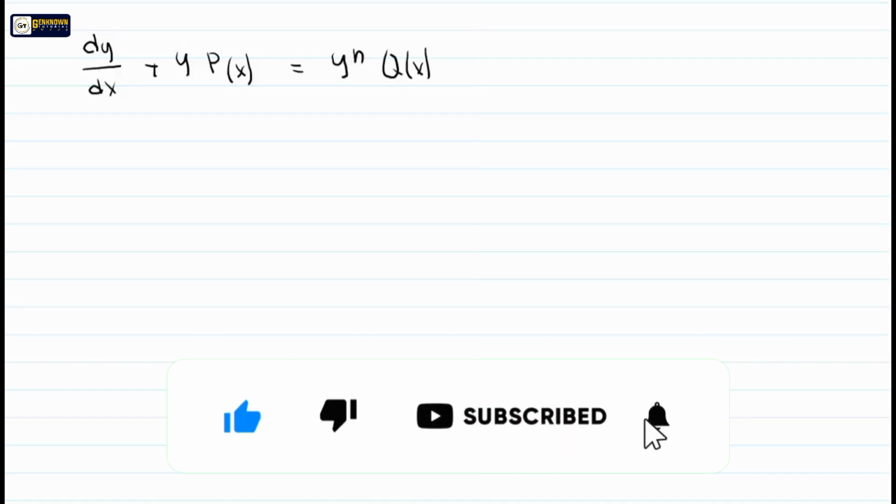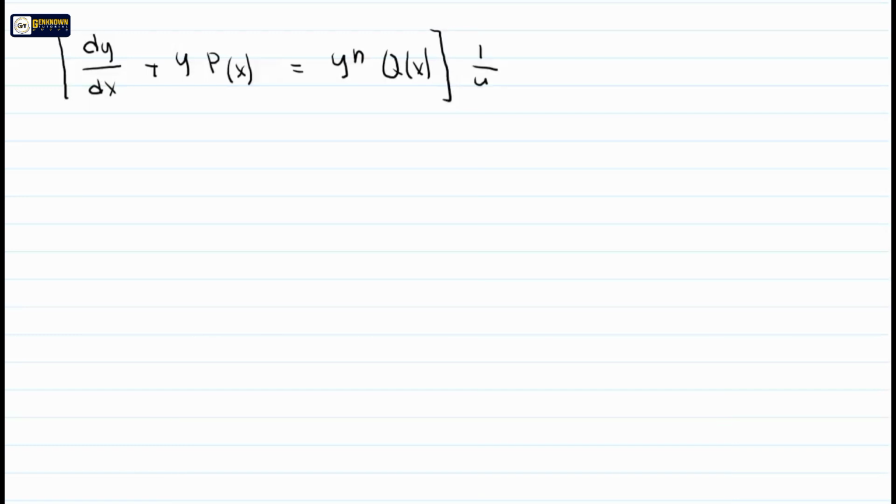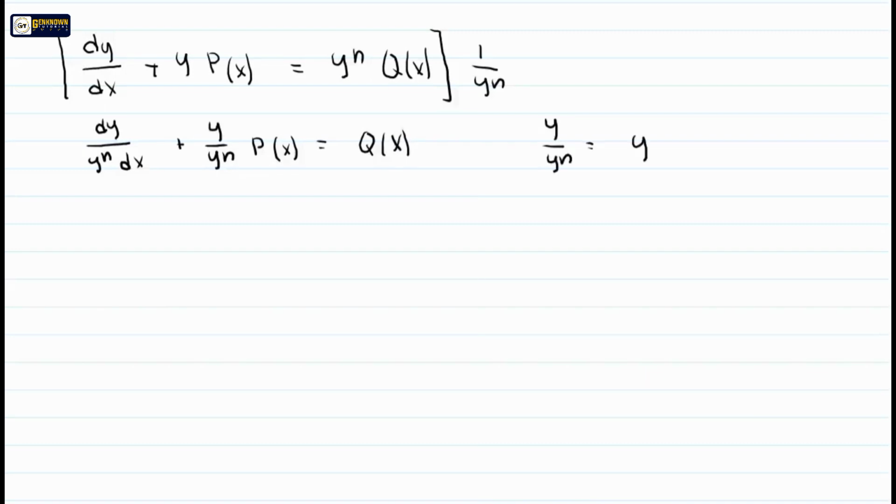Multiply the whole equation by 1 over y raised to n, so that we have dy over y raised to n dx plus y over y raised to n p of x is equal to y raised to n over y raised to n, which is equal to 1, so that is q of x. The y over y raised to n is also equal to y raised to 1 minus n, where y raised to 1 minus n is just equal to z.